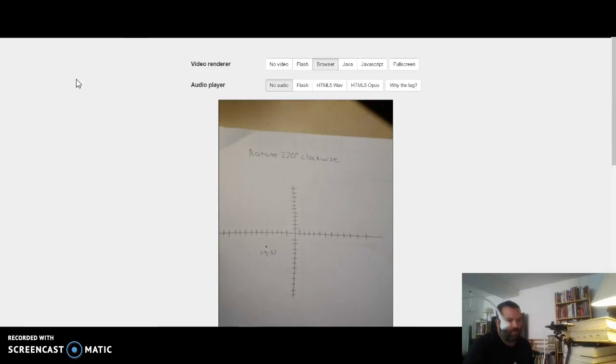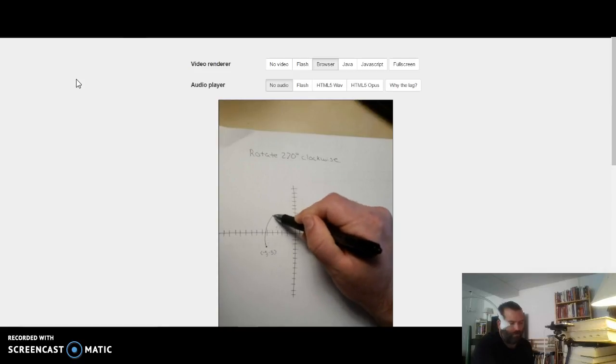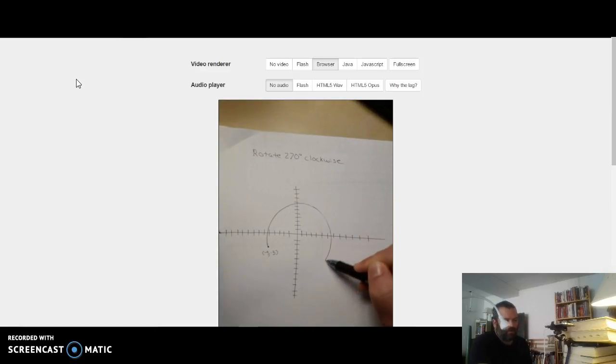First, I figure out what quadrant that point will be in after I rotate it 270 degrees clockwise. Remember, we have to go through 3 quadrants to rotate it 270 degrees. There's 1, there's 2, there's 3. So we know it's going to be in this quadrant right here when we rotate it 270 degrees clockwise.